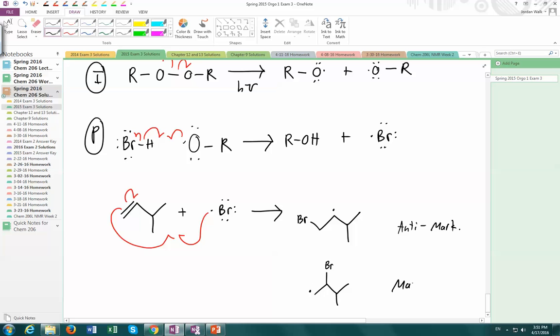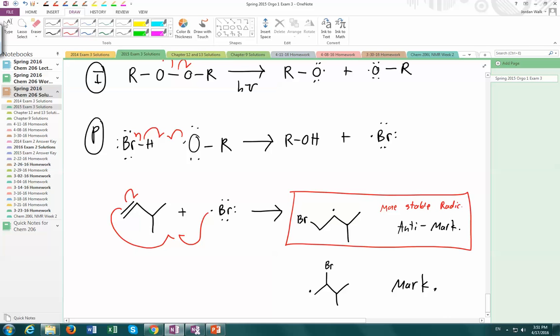And so this is our Markovnikov. And so which is more stable, the anti-Markovnikov or the Markovnikov? Yeah, it's the anti-Markovnikov, and that's just because that's the more stable radical. And so this would be the more stable radical.